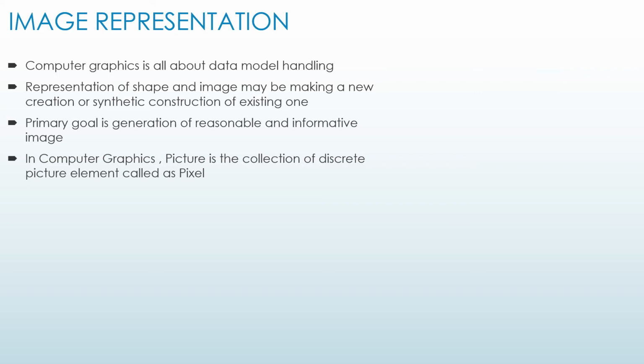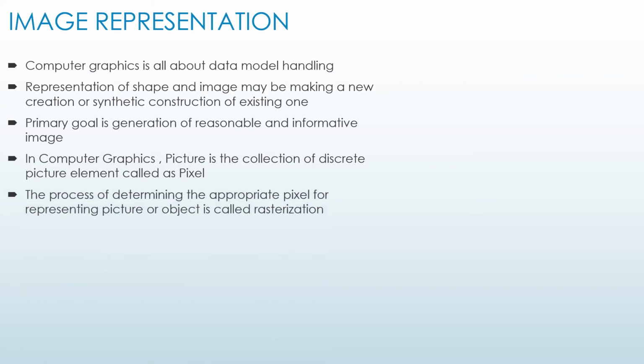When you zoom an image 12x or 15x, you see that the image is formed with minute squares. That becomes a picture. So in computer graphics, the picture is a collection of discrete picture elements called pixels.